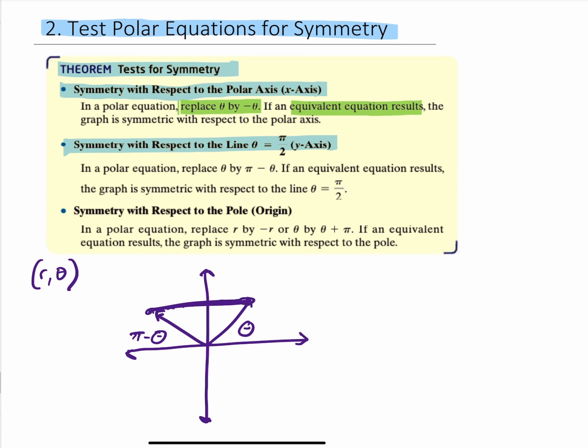So that should remind you of the sine function on the unit circle. The y-coordinate points were the same for a point in the first quadrant and a related point in the second quadrant. And you can describe that angle as pi minus theta. So replace theta with pi minus theta. If we get an equivalent equation, then it's symmetric across the y-axis.